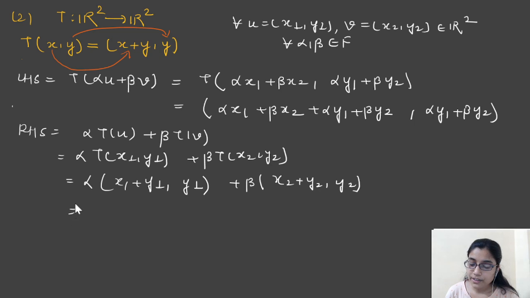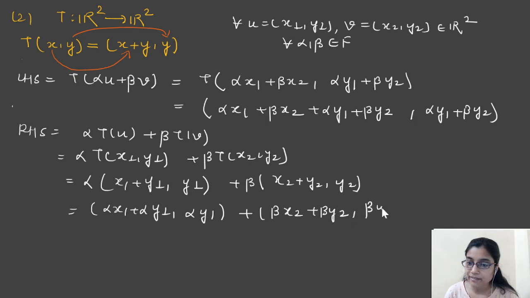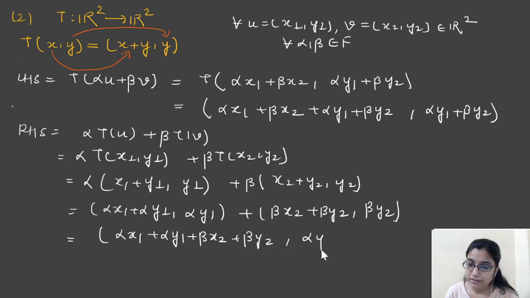So what we got here is alpha times x1 plus y1 comma y1, plus beta times x2 plus y2 comma y2, that is alpha x1 plus alpha y1 comma alpha y1 plus beta x2 plus beta y2 comma beta y2. Now you add both the tuples, you will get alpha x1 plus alpha y1 plus beta x2 plus beta y2. Then you get alpha y1 plus beta y2.